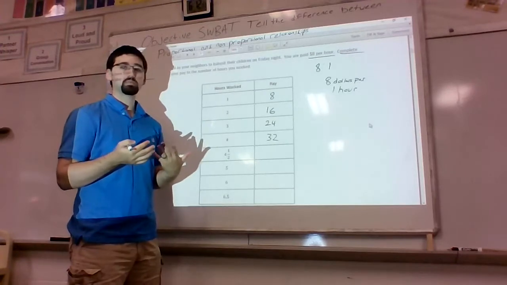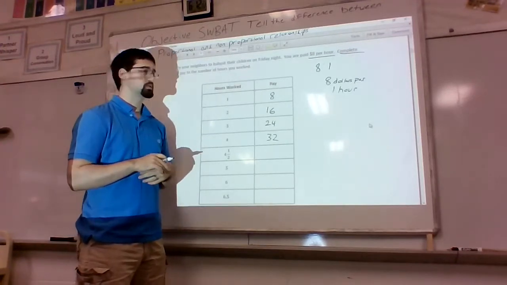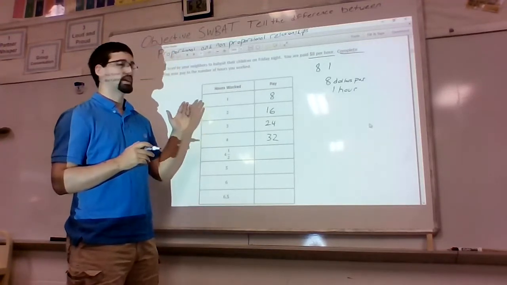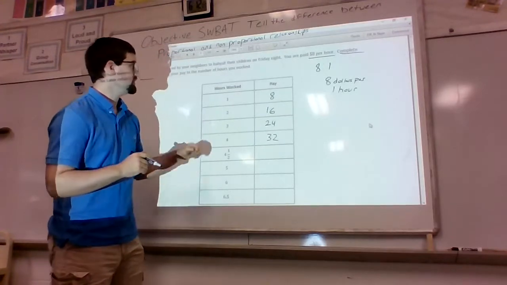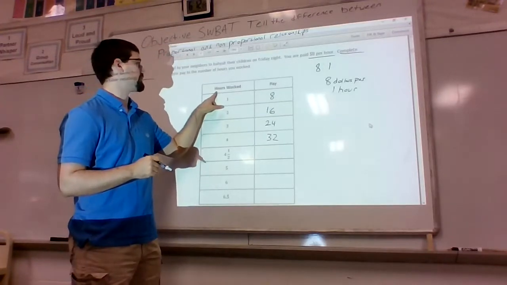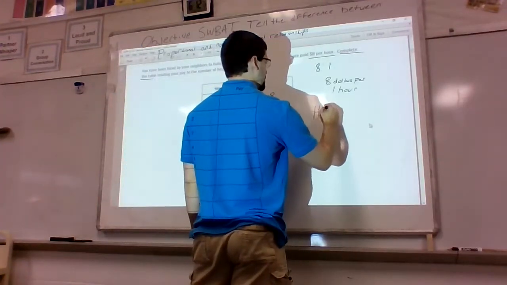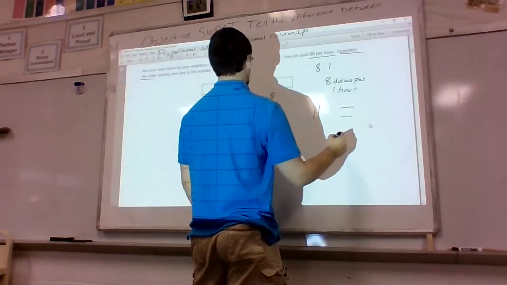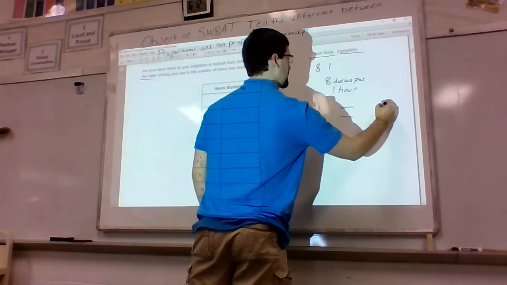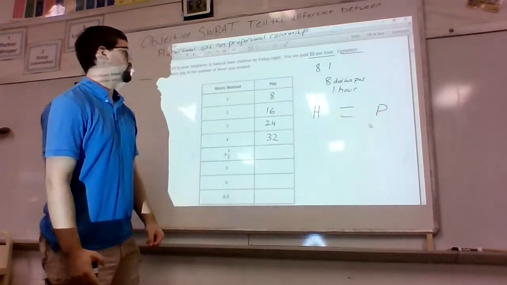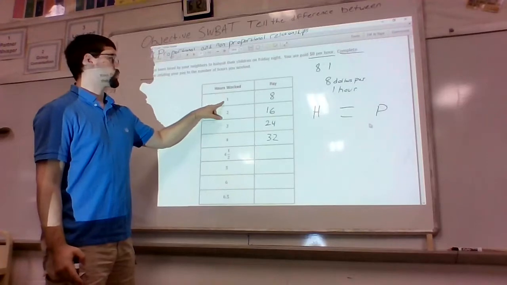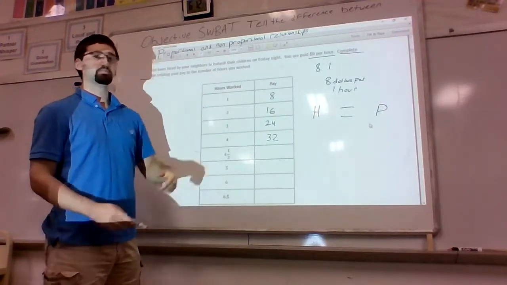Or remember we made an equation for our examples before, and that was where we had 2 variables. So in this situation, we would have hours worked and pay. So H equals P for pay. What do we need to multiply hours worked by to equal the amount of pay?